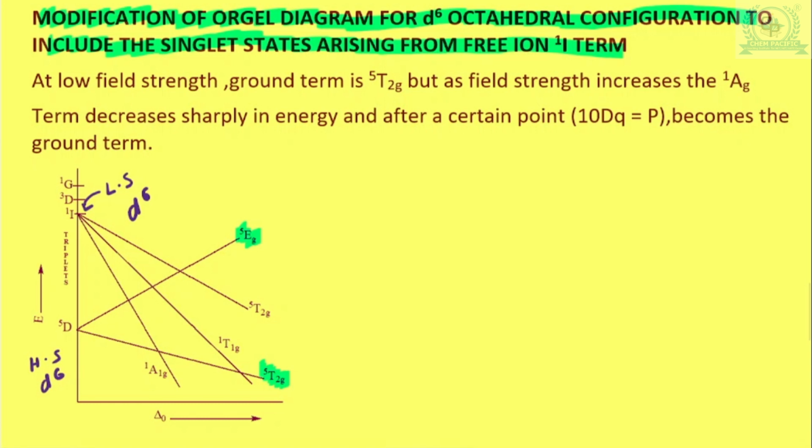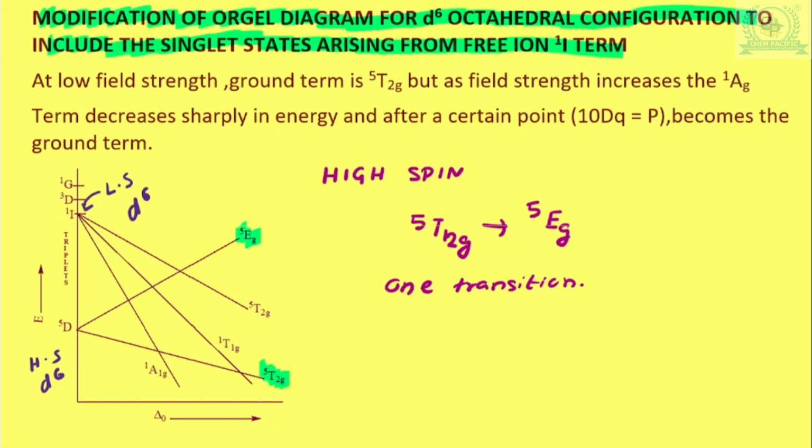So for high spin, the transition is from the ground state T2g to the excited state Eg. That is why you got only one transition. Due to one transition, you also got one peak.